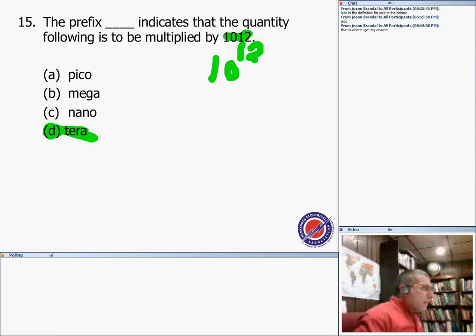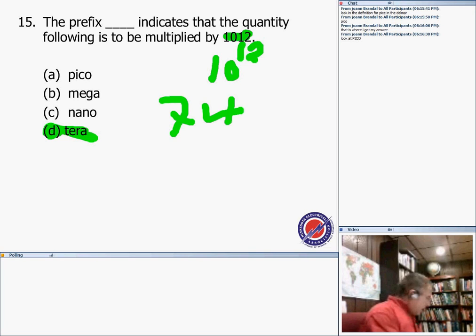Yep, it's actually based on where I answered. Good. Thank you, my friend. It's page 74 in my book, the third edition. So yes, it's 10 to the power 12.